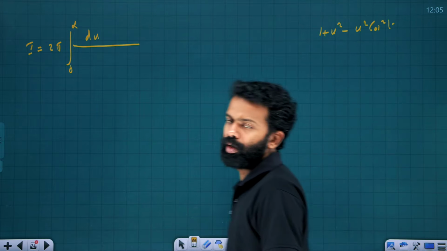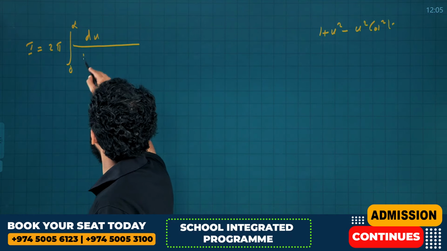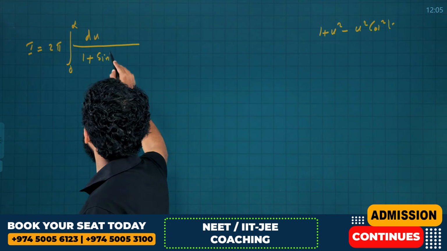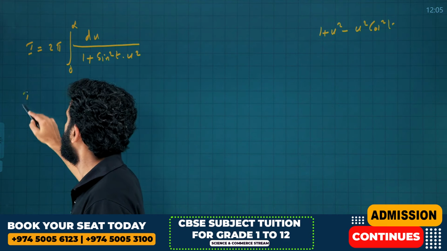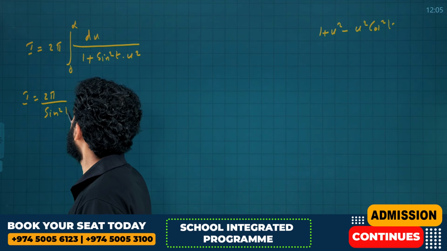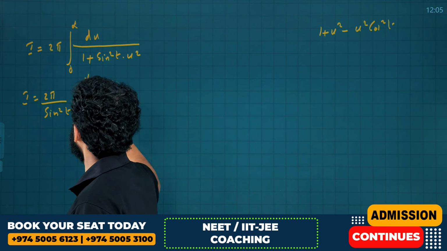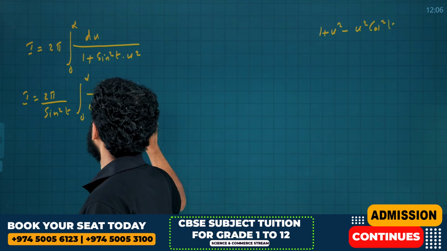That is u square into 1 minus cos square t, that is sin square t. That is 1 plus sin square t into u square. You can take the sin square t outside. It will be I is equal to 2 pi by sin square t into 0 to infinity du divided by u square plus cos square t.